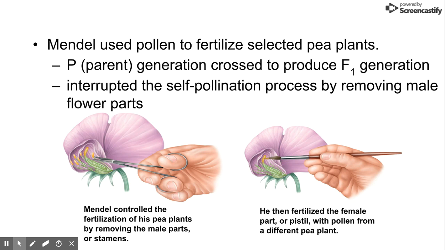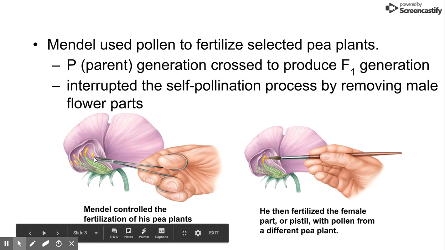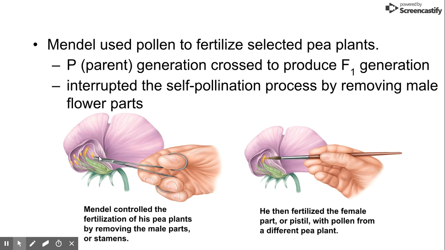What he would do is take the plants that he wanted to breed and remove the male parts, the stamens, which is what they're showing you in this picture. He would just cut them with a pair of scissors. And with the pistil, which is the female part of the flower, he would place the pollen he wanted.